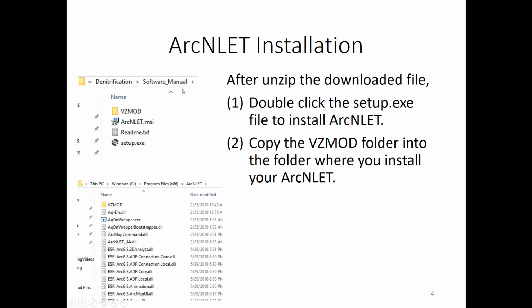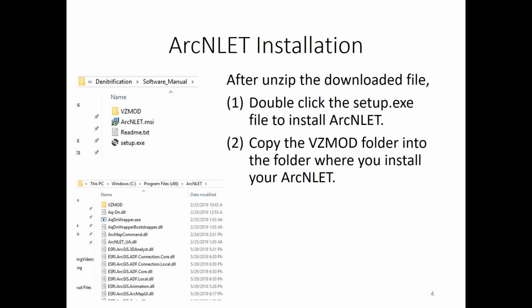You unzip the software to any folder you want to save the files. It doesn't matter where you save it. And then you're going to see 4 files essentially. The README file is a very short file that tells you how to install.